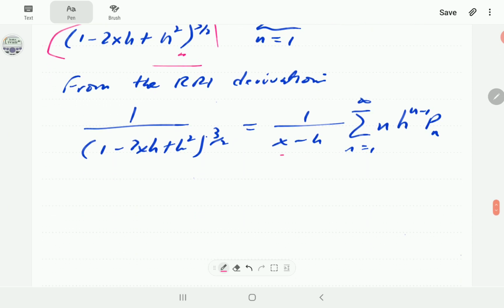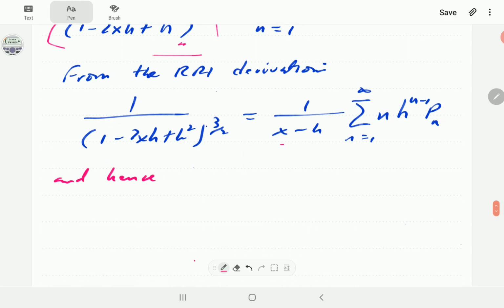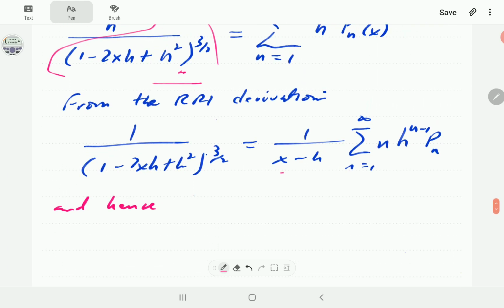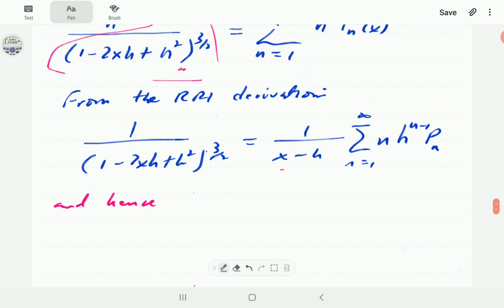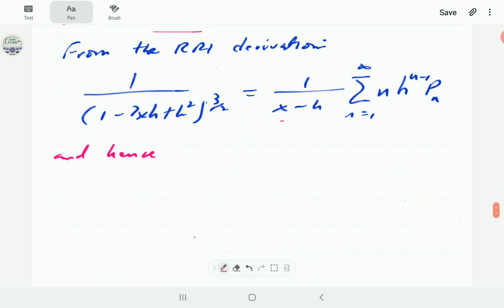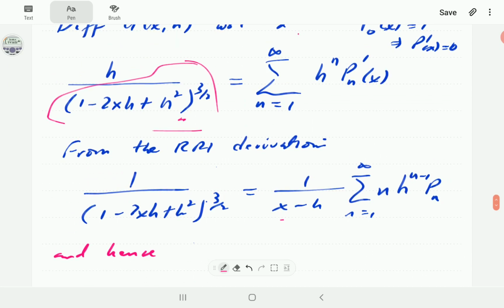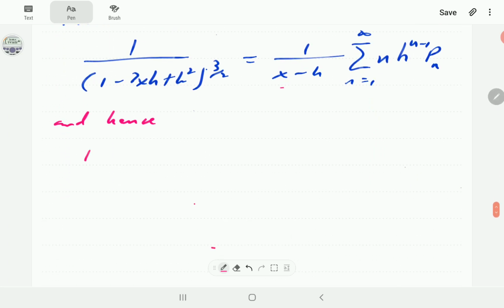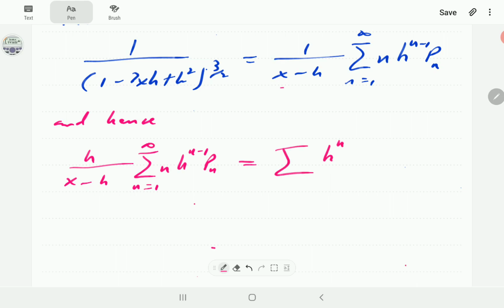And hence, we are going to have h over x minus h into the summation of that equal to this on the right hand side.